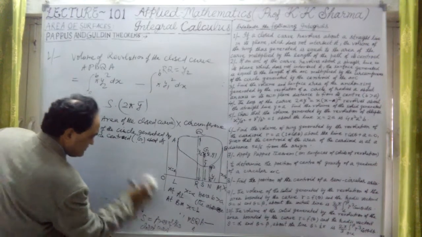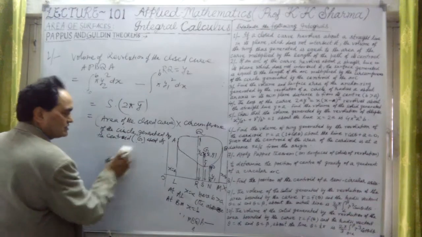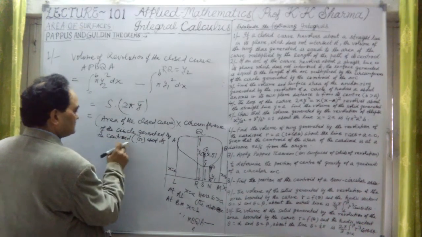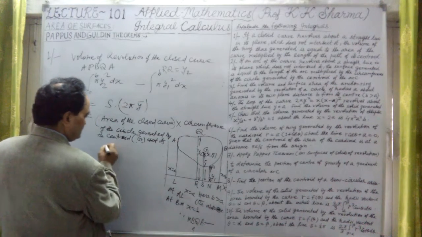That is the circumference of the ring or circle generated by this revolution of the centroid about the line.